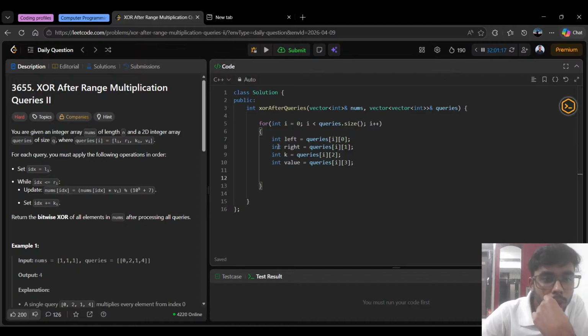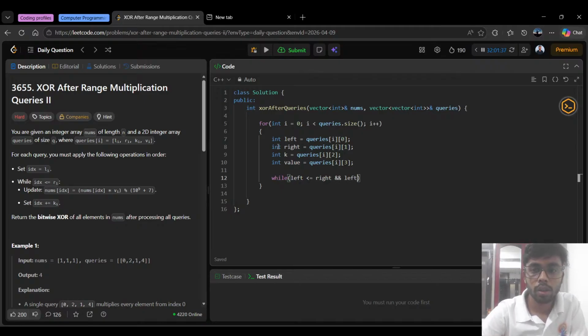So what we have to do is, while left is less than or equal to right, and left should be less than nums.size().